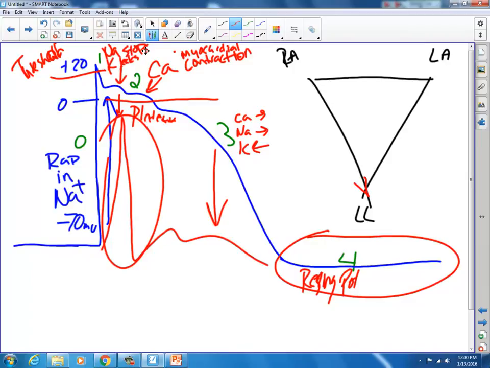From right arm to left leg, that's lead 2. So lead 2, my positive is going to be where? Left leg. My negative is going to be my right arm.